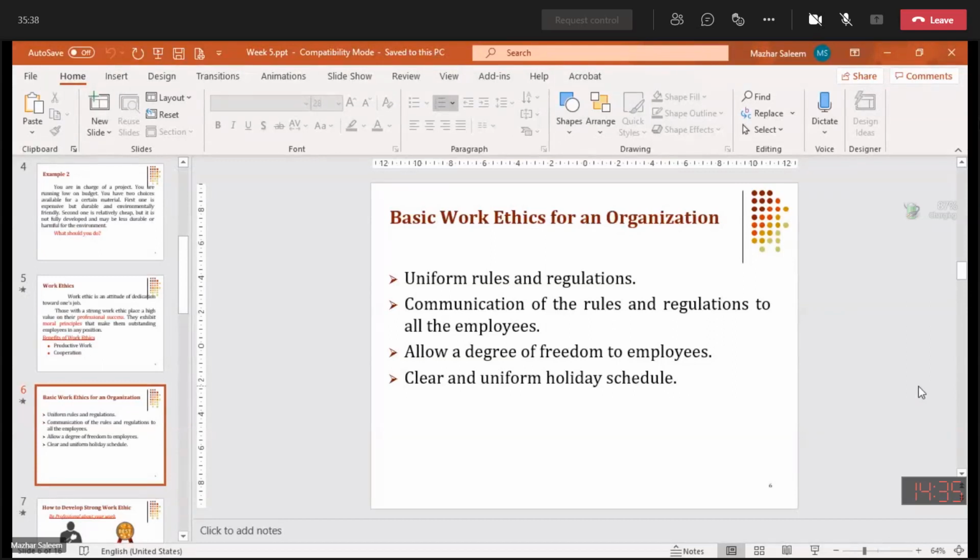I know some of the organizations, especially in the IT sector, because IT is a rich sector, offer such incentives. In public sector organizations, normally we do not have any overtime incentives. That is why most of the people are not interested in doing overtime. But if an organization demands its employees to do overtime, then overtime should be paid, and that will definitely improve the motivation of the employees. That's true.